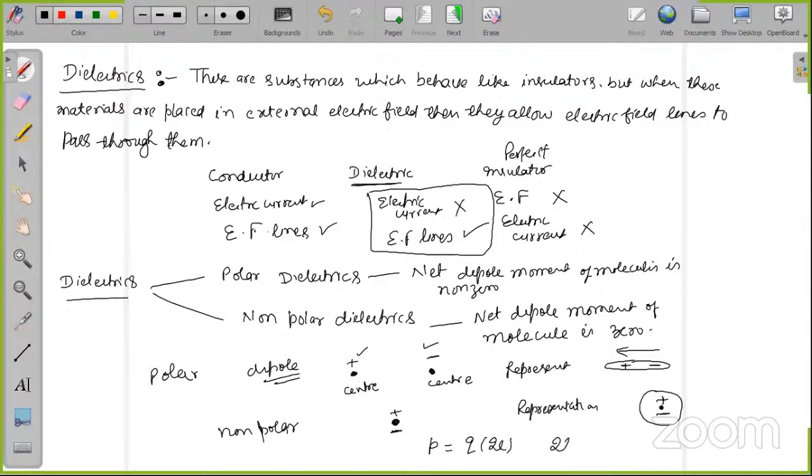What is 2L? 2L is the distance between the two charges, that is, the center of positive charge and the center of negative charge. If 2L is 0, this means P is equal to 0, dipole moment is 0. So how can the dipole moment be 0? The answer is there is only one center for positive as well as negative charge. The same point acts as the center of positive charge and the center of negative charge. Then the dipole moment will be 0. But if the centers of positive charge and negative charge are at different places, then the dipole moment cannot be 0.